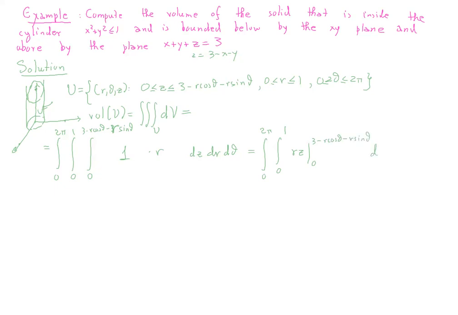And this is dr d theta. And this is going to be the integral from 0 to 2 pi, integral from 0 to 1, 3r minus r squared cosine theta minus r squared sine theta dr d theta.